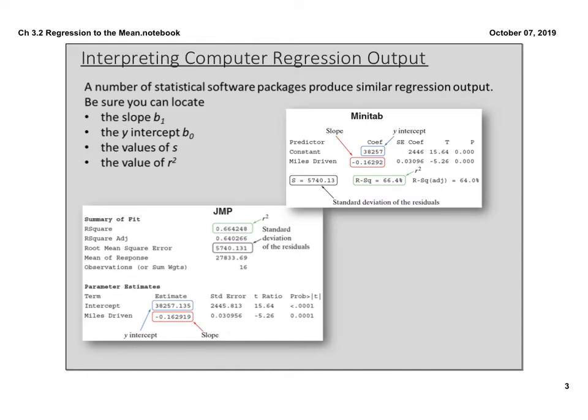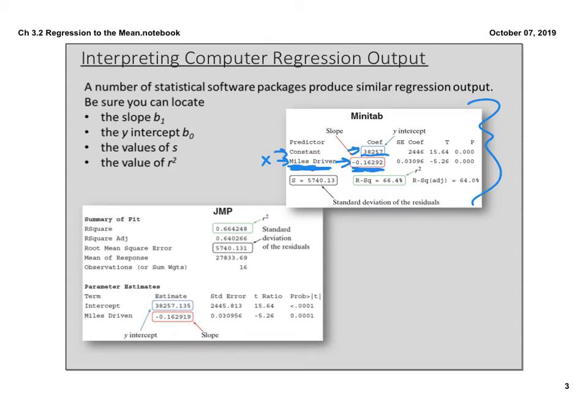One that you see quite often is Minitab. It will spit out the constant of the equation, and it'll also spit out the slope, and the slope will be written next to the x variable. If you think back to that Ford F-150 example, the x variable was the miles driven. So that's the slope that goes with the miles driven. This constant is like your y-intercept. That 38,257 was the y-intercept, okay?